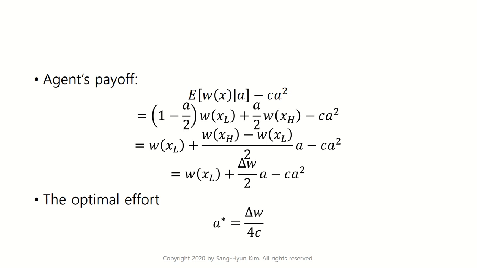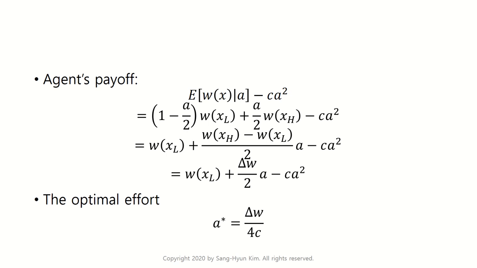What that means is the first derivative, which is the slope of the tangent line of this objective function, is 0 when this objective function is maximized. So that's the first order condition, and you can solve that equation for A. Then you derive this optimal effort, A star, which is delta W over 4C.